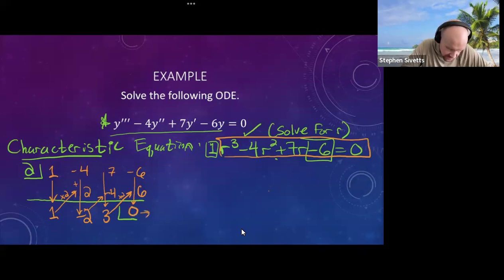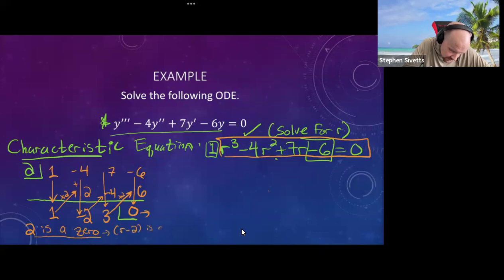If this number here is a 0, we can say that 2 is a zero. And so that would correspond to saying that the quantity r minus 2 is a factor of the polynomial r cubed minus 4r squared plus 7r minus 6.